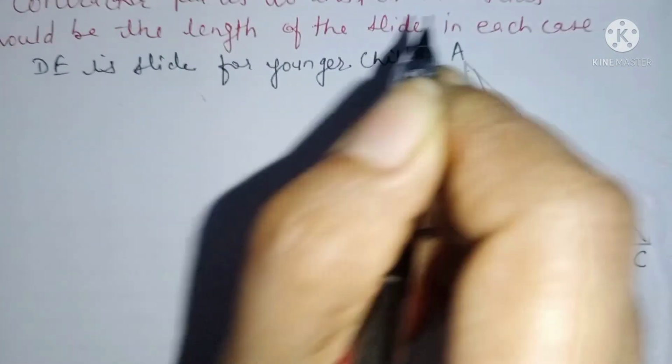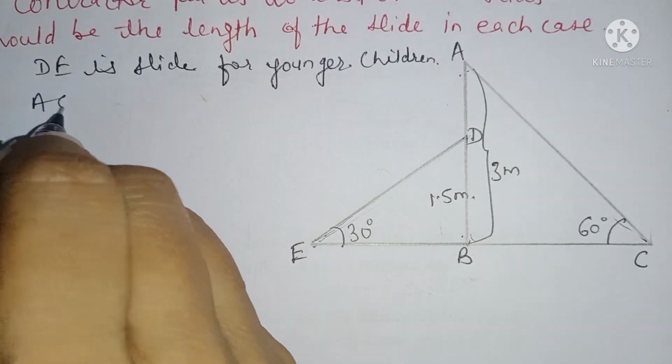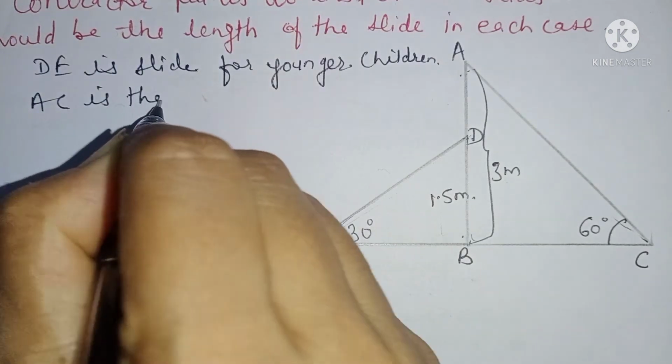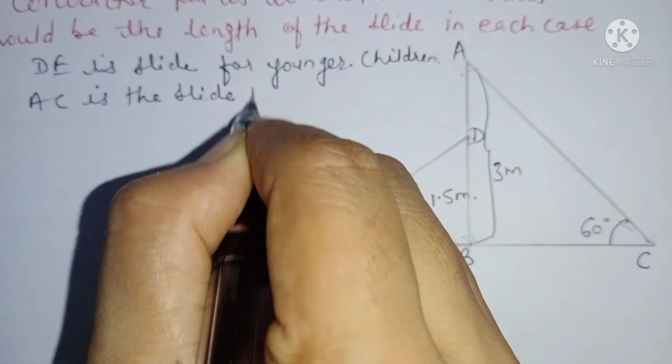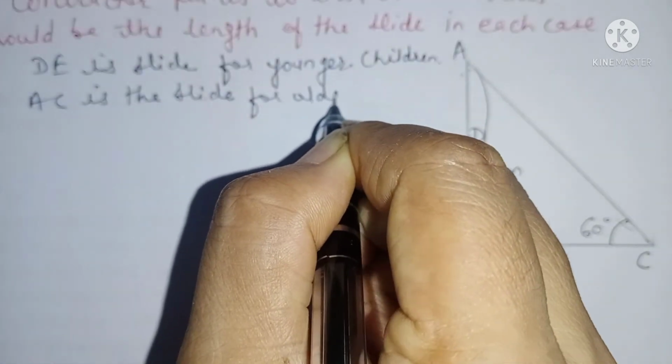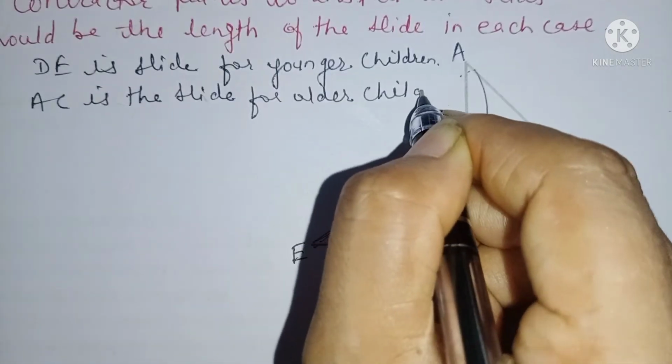And AC is the slide for older children, right?